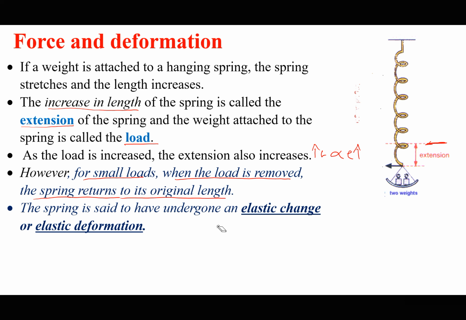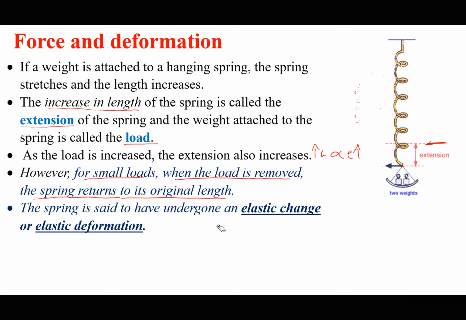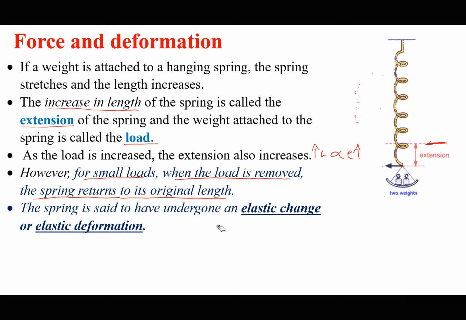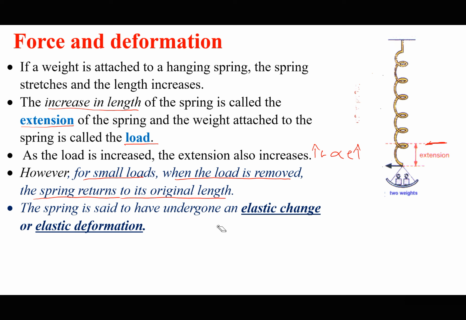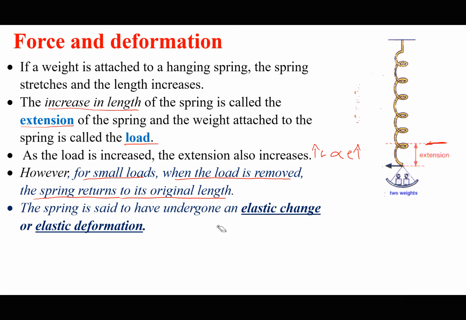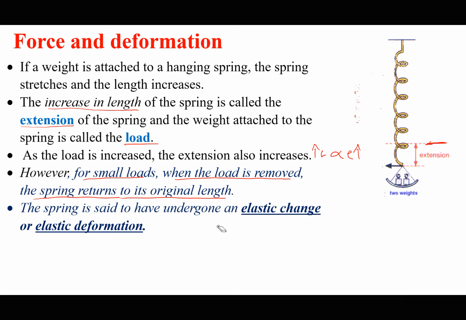So in other words, what I'm saying is that elastic deformation occurs when the deforming force is removed from a material and it returns to its original length. A material is said to have undergone elastic deformation if, when the deforming load is removed, the material returns to its original length. So it is said to have undergone elastic deformation.